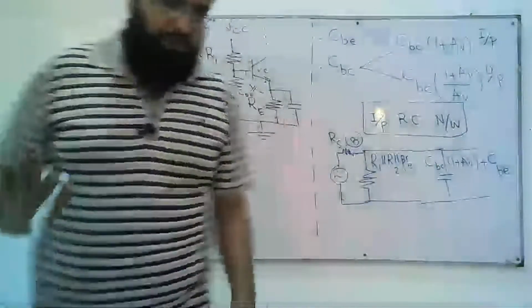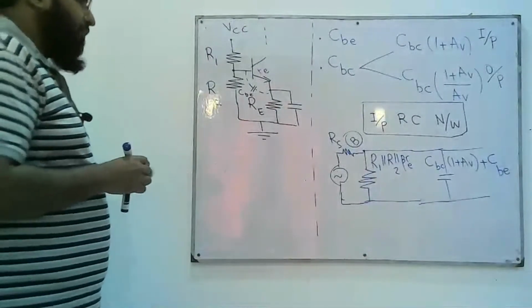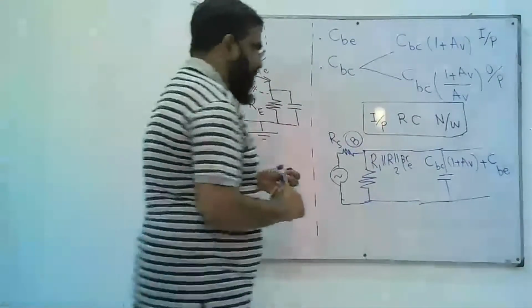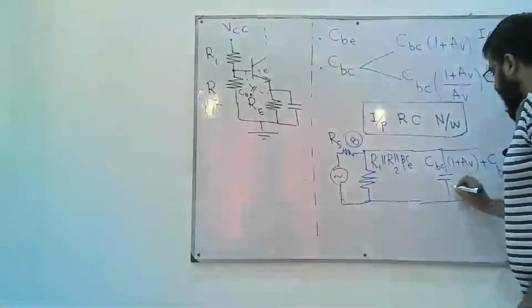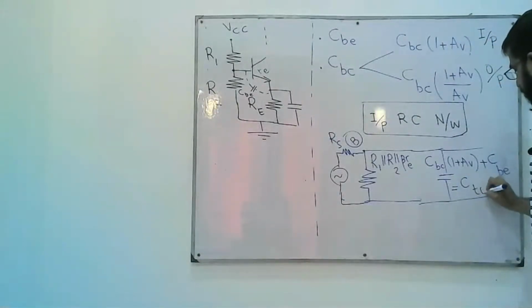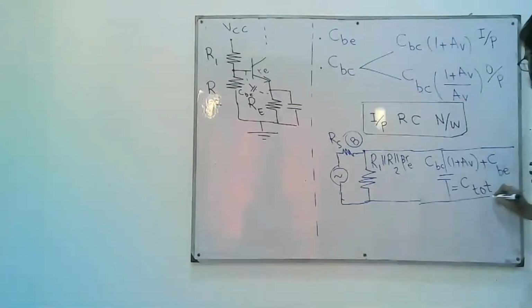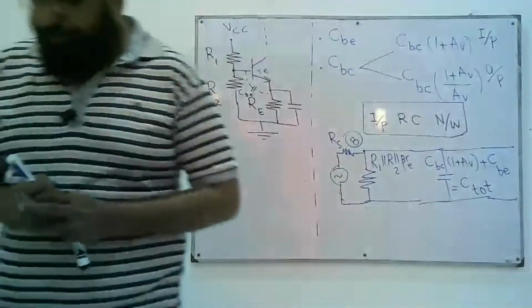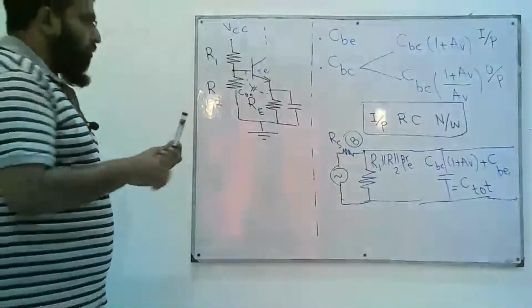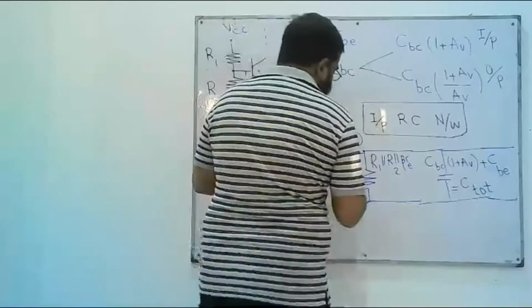Now, this is the circuit we have. What we have to do is find the voltage drop across this capacitor, let's call it C total. This is the load across which we have to find the voltage.